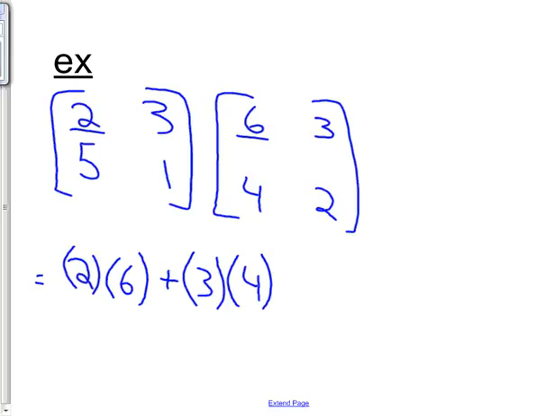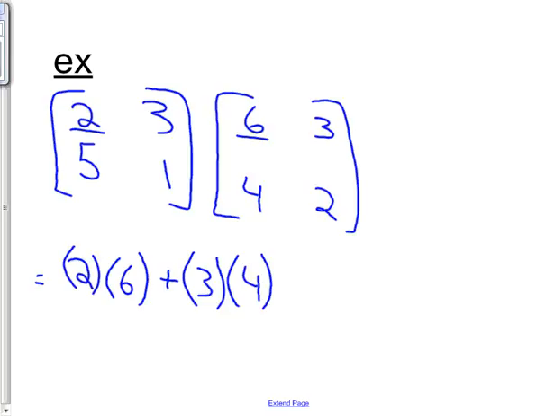Now take 3, the second element in the first row, and multiply it by 4, the second element in the first column. We're going to end up with a 2 by 2 matrix.